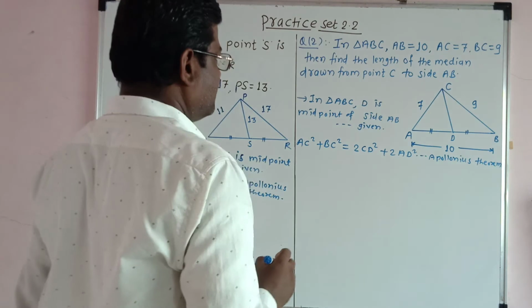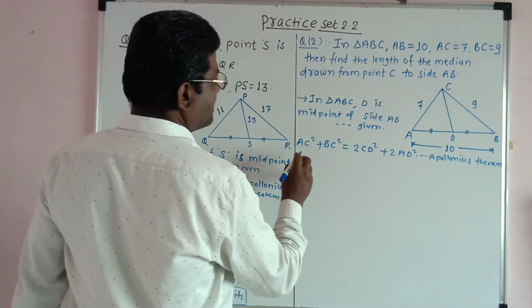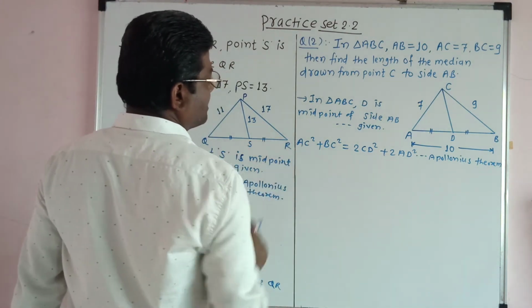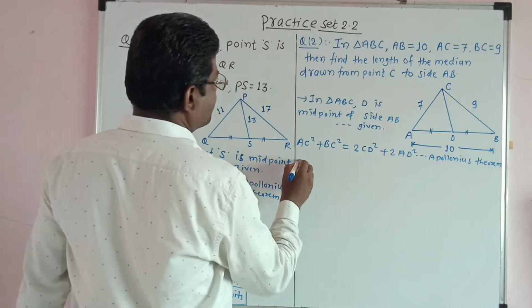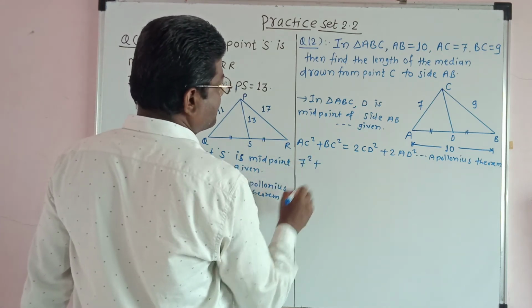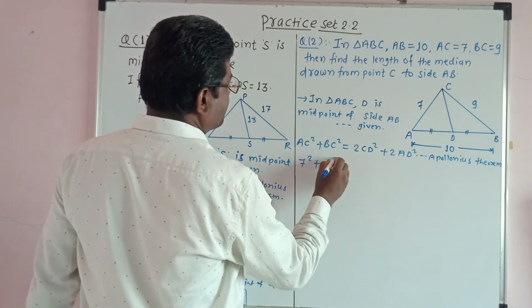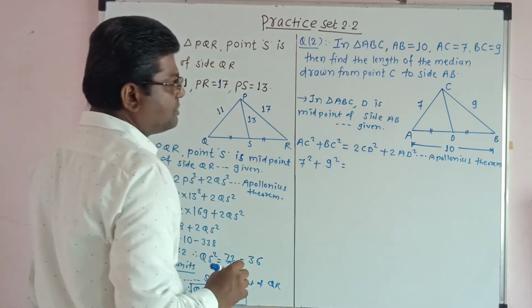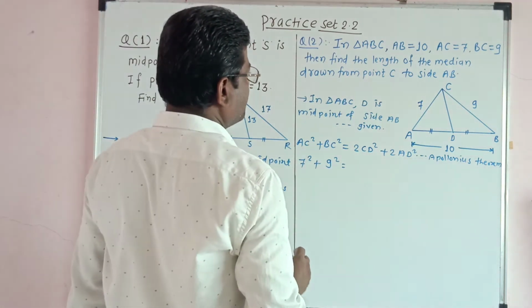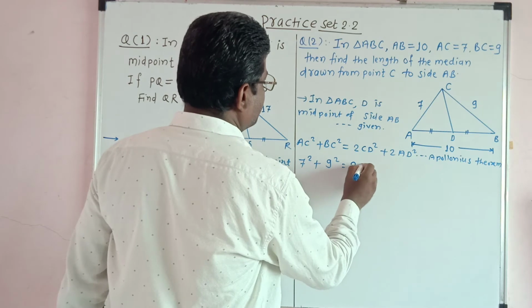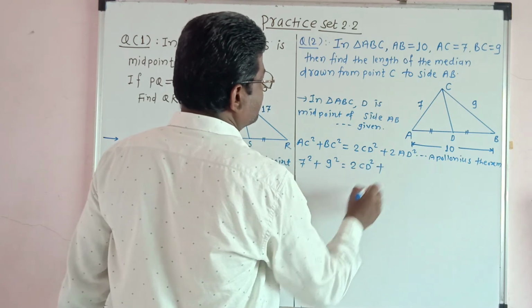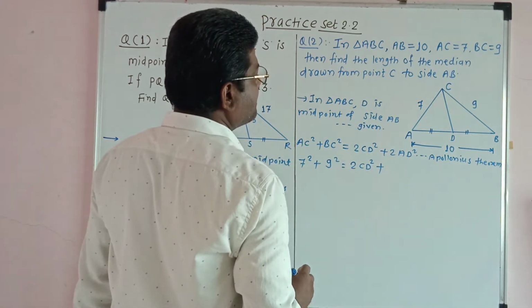Put the values. AC is 7 square plus BC 9 square is equal to 2 into CD square plus 2 into AD square.